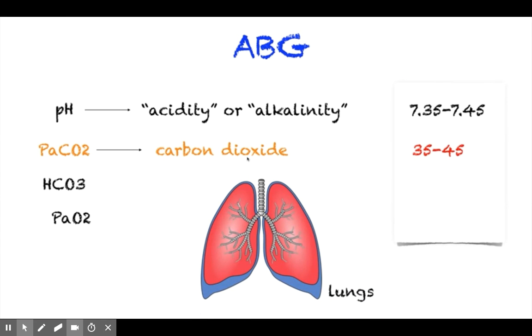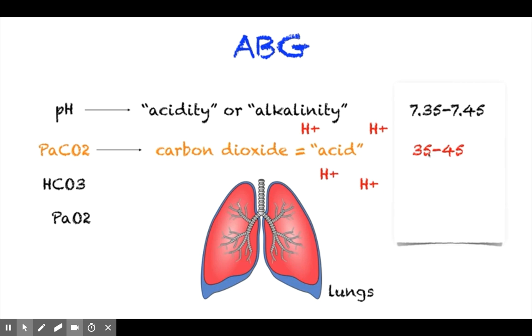Another thing that I want you to relate with carbon dioxide would be acid. Now, I'm not saying that carbon dioxide is an acid. What we're trying to get here is that the amount of carbon dioxide is directly proportional to the number of hydrogen ions being produced, which is related to acid. We are not going to discuss biochemistry here, but all I'm saying is that the more carbon dioxide you have in your blood, the more acidic your blood is.